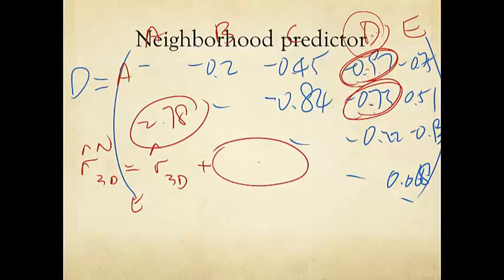So following our formula, we have minus 0.97 times the weighting.